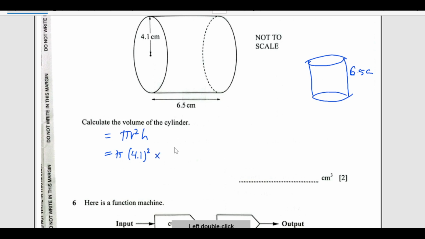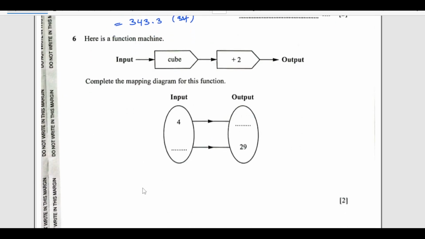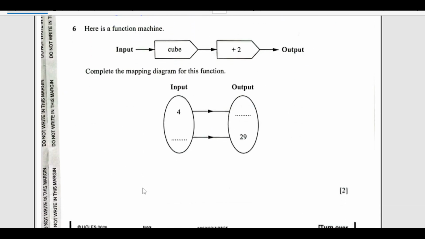So directly plug in the values and you get 343.26. I can write it to 3 significant figures, 343.3.